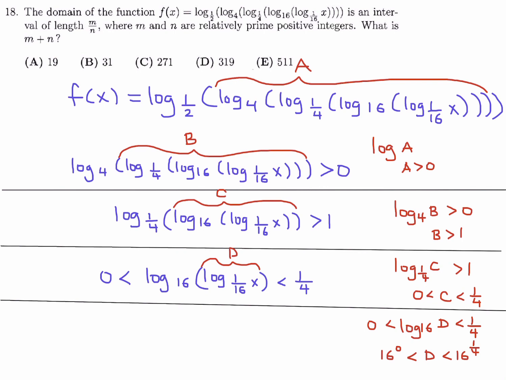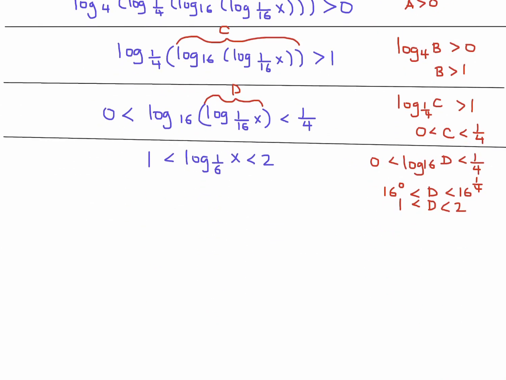And that is basically 1 and 2. All right, so that definitely helps us out. So now we're in, I believe, the final step, where the log of x to the base 1/16 is between 2 and 1.